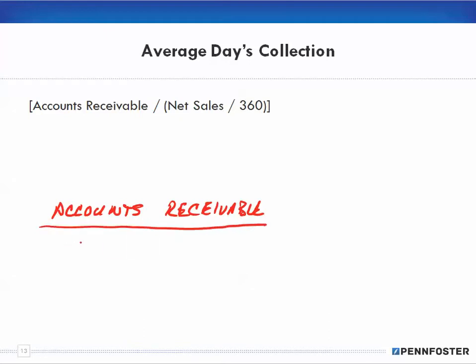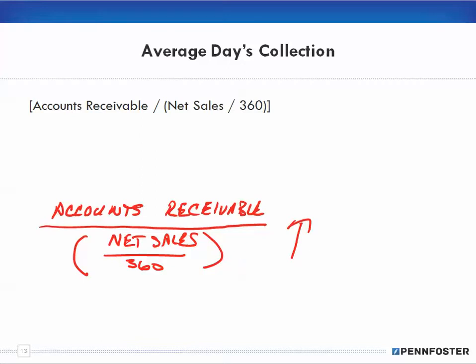In the denominator, we're going to take our net sales and divide our net sales by 360. Like I said, we're going to start from the bottom and work our way up. So whatever our net sales are, we're taking 360 and dividing into the net sales, and then whatever we get for that is in the denominator.